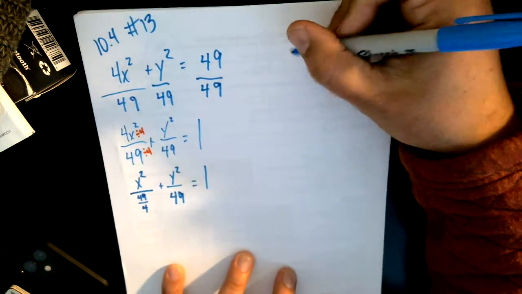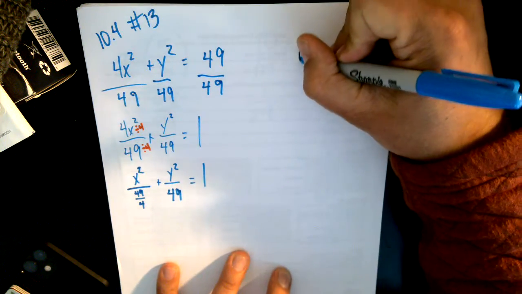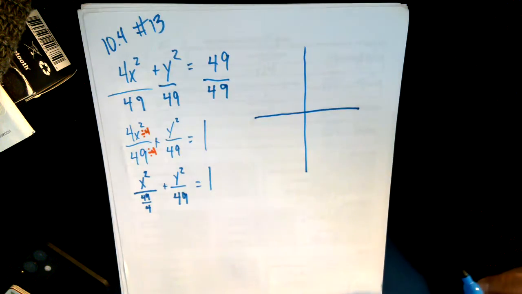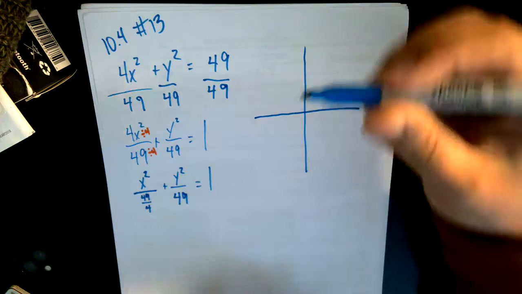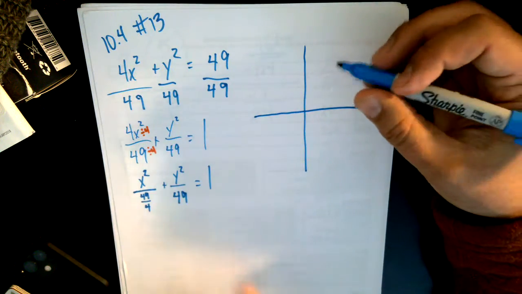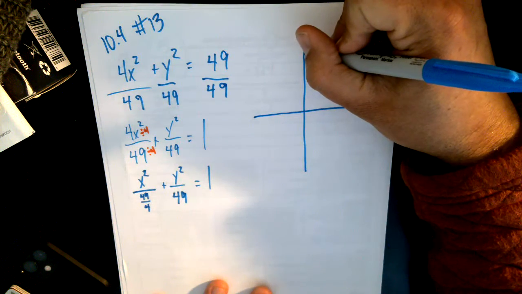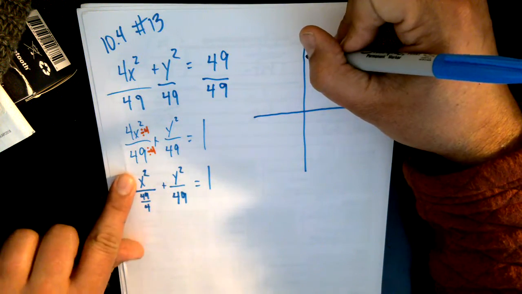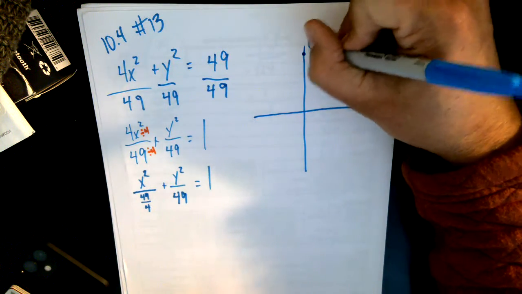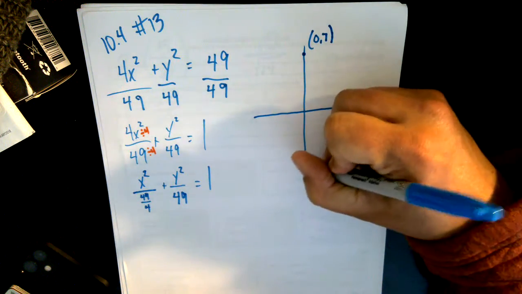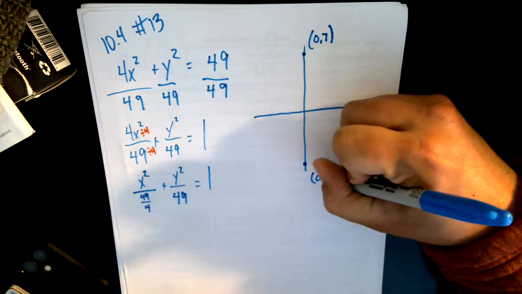Well, we would just need to find the co-vertices. Not the COVID disease, the co-vertices. So you should notice that if I put in a 7 for y, I get a 0 for x. Or if I put in a 0 for x, I get a 7 for y. I could also get a negative 7.